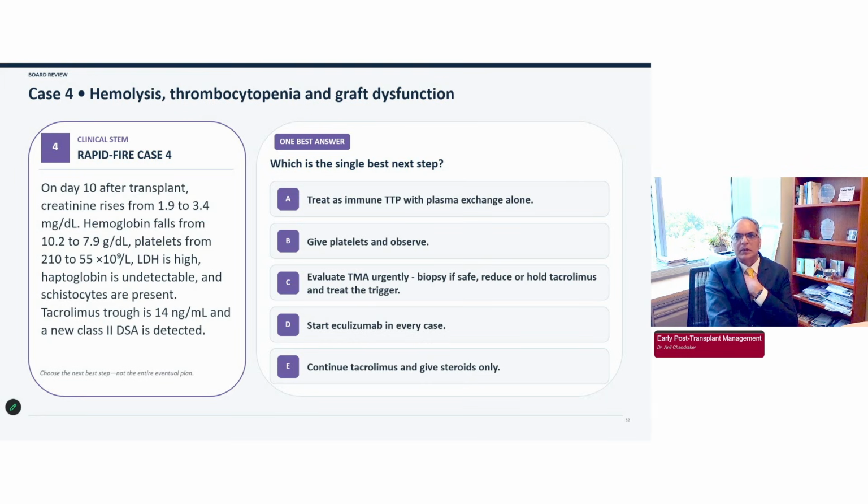What is the single best next step? Treat as immune TTP with plasma exchange alone, give platelets and observe, evaluate TMA urgently, biopsy if safe, reduce or hold tacrolimus and treat the trigger, start eculizumab in every case, continue tacrolimus and give steroids only.